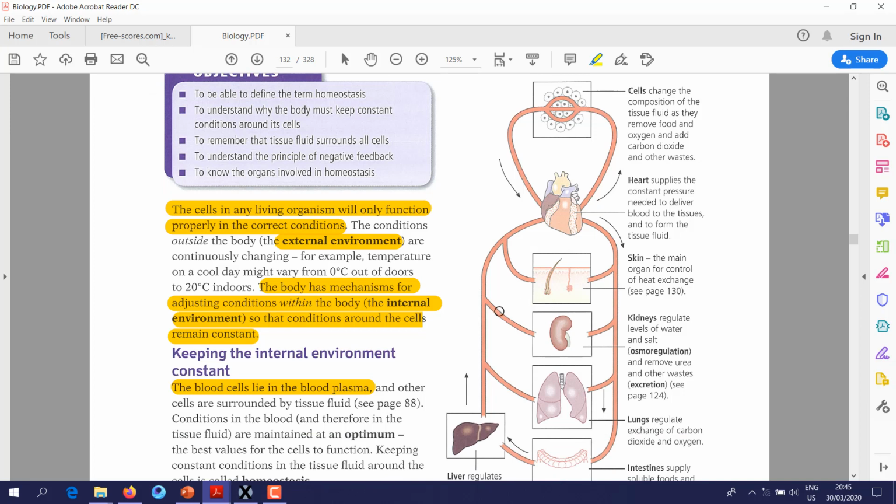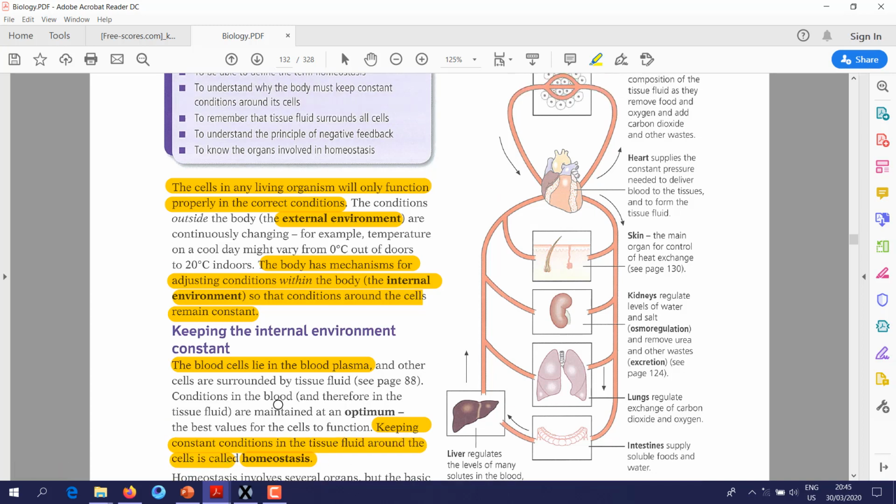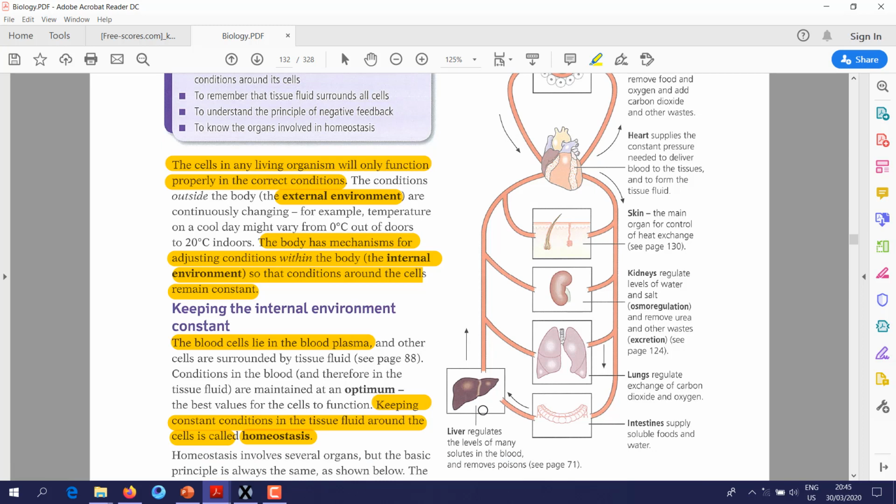These organs are responsible for maintaining homeostasis. So keeping constant conditions in the tissue fluid around cells is called homeostasis. This is the definition of homeostasis.